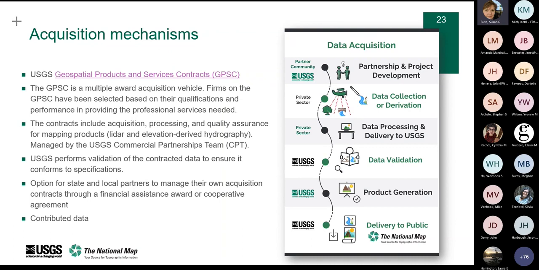And the GIPSI is a multiple award acquisition vehicle, where the firms who are selected to work on the GIPSI have been selected based on their qualifications to do this work, both 3DEP data acquisition and 3DHP, or elevation derived hydrography, in addition to other geospatial data collection activities.